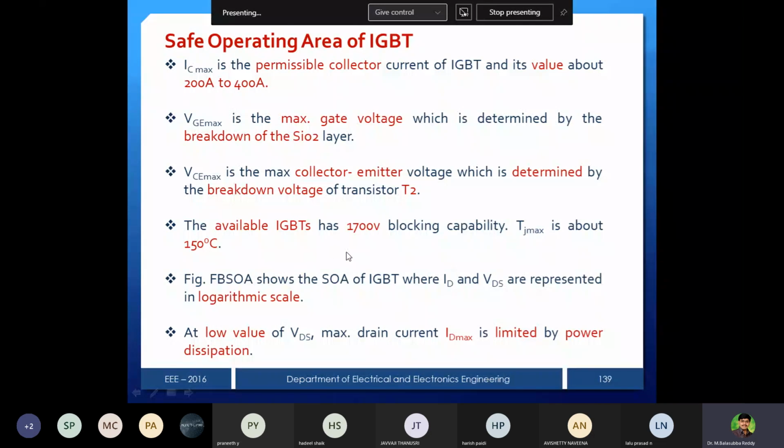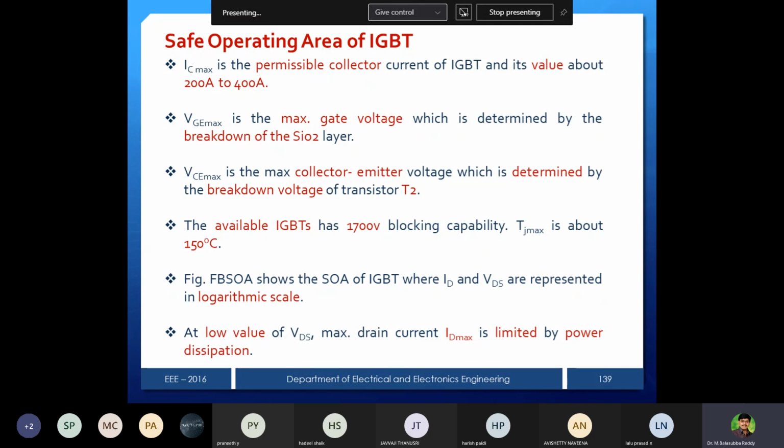Some of the values are mentioned here. The maximum or permissible collector current of the IGBT is mentioned as 200 amperes to 400 amperes. Then the gate to emitter voltage, the maximum gate voltage, is determined by the breakdown of the SiO2, because at the gate terminal the metal is not in direct contact with the body; a SiO2 layer is present in between.